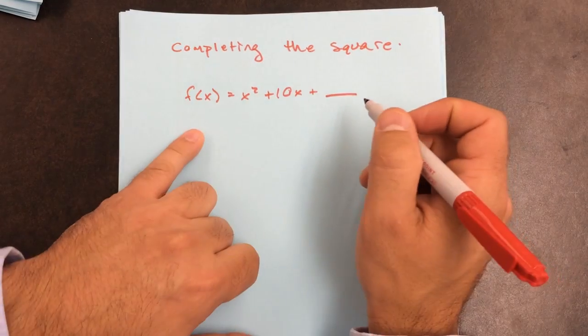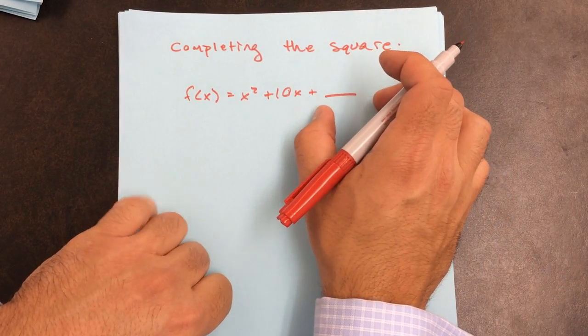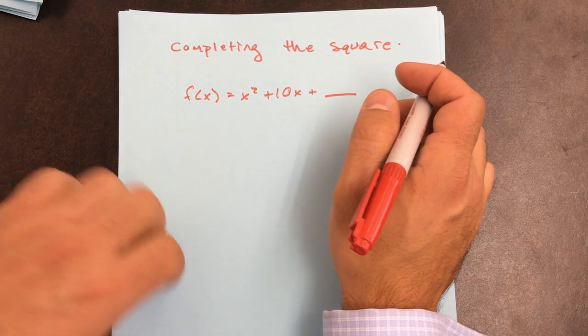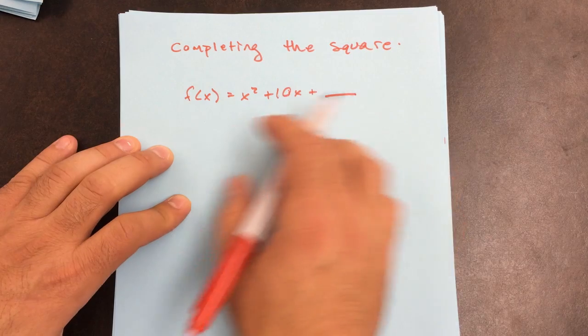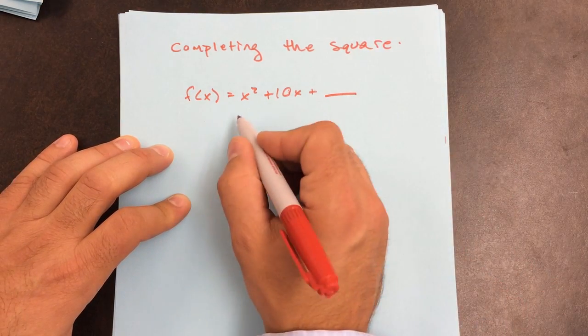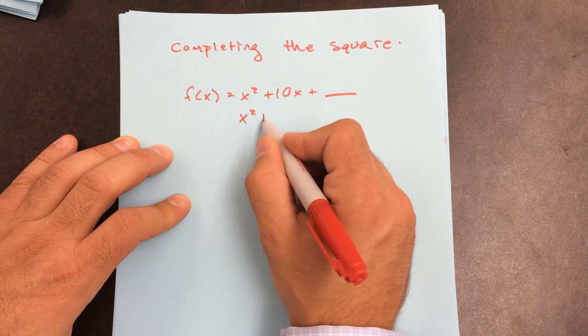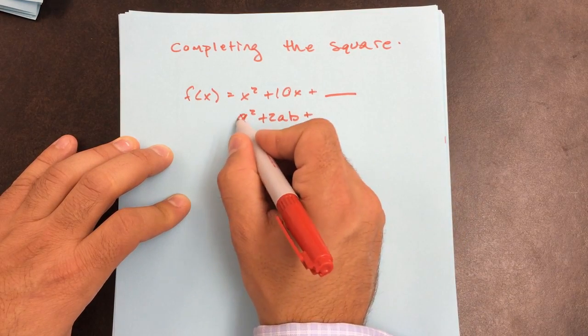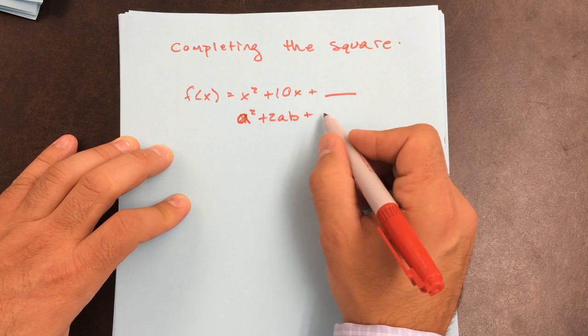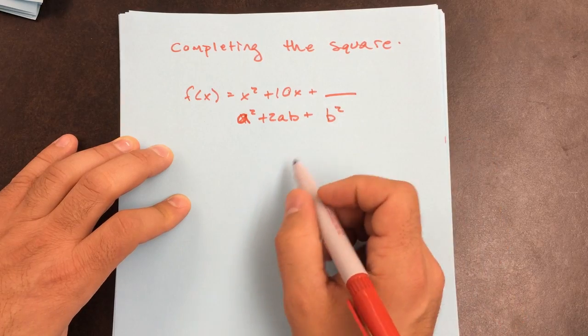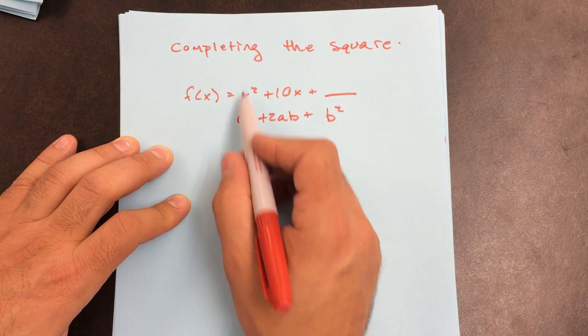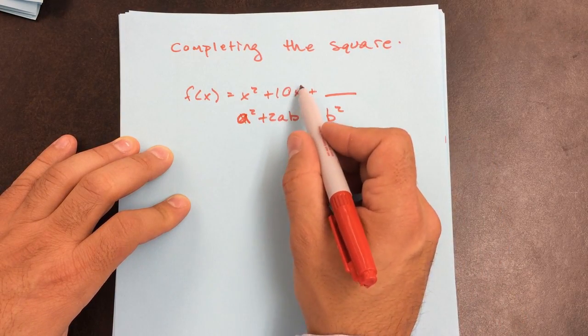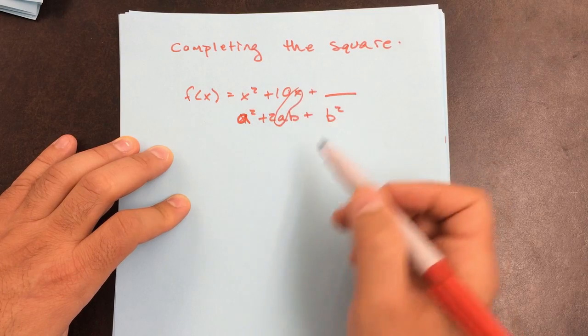I want to figure out what number do I put in here that would complete the square, meaning that this would be a perfect square trinomial. So if you remember the rule, it was a squared plus 2ab plus b squared. So really, we know that the a is x, so this goes with this right here.